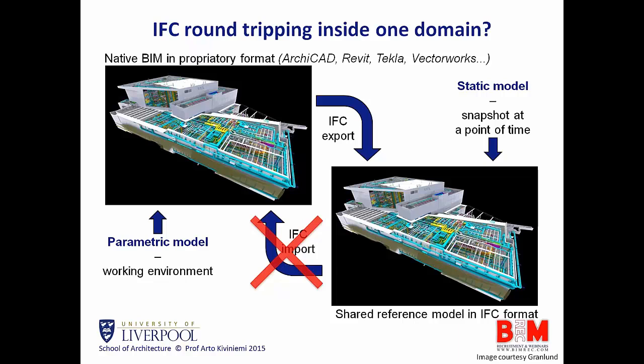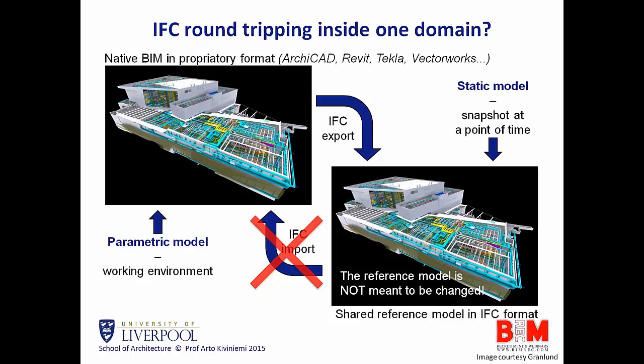And the reason for this is that the reference models are not meant to be changed. When the architect is sending his model as a reference model to the structural engineer, the point is not that the structural engineer could be changing it. The point is that he can't change it, because if there is something that must be changed, he must communicate with the architect about how to change it. And this is really the purpose of the IFCs, and this is very often misunderstood.